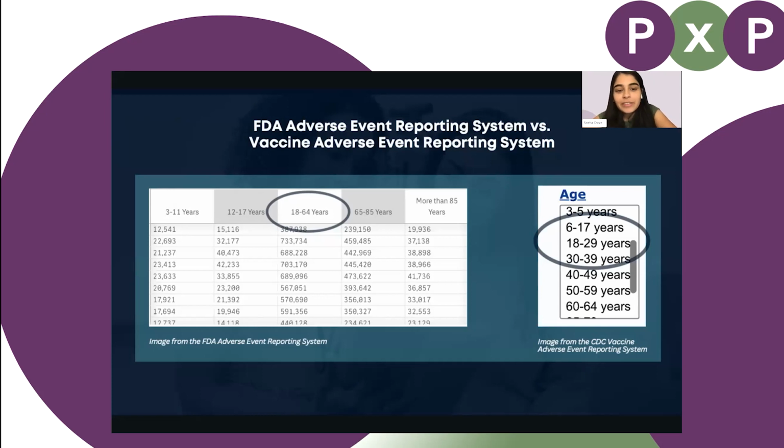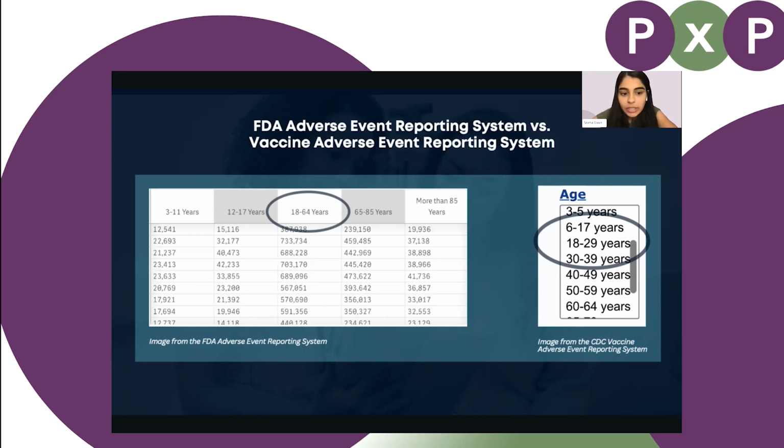And so one of the things that we really noticed was that when we were looking across these regulatory agencies, we noticed there was a huge disparity in the way that young adults are included or called out as a separate age demographic.